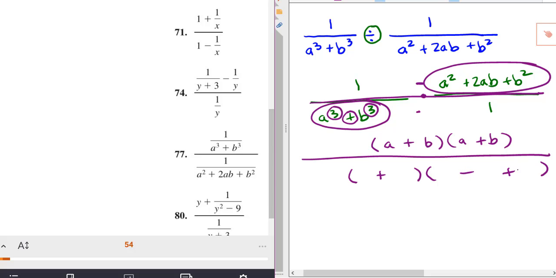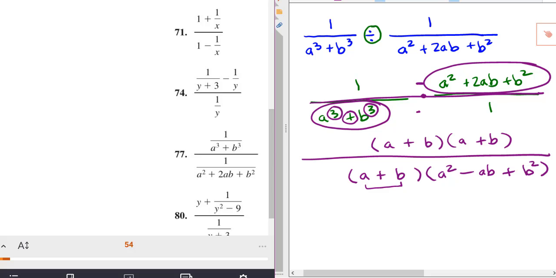What makes a cubed the perfect cube? What makes b cubed the perfect cube? B. A times what is a cubed? B times what is b cubed? Everybody good so far? That's the easy part, right? Middle term, multiply these two, ignore the sign, AB, right?